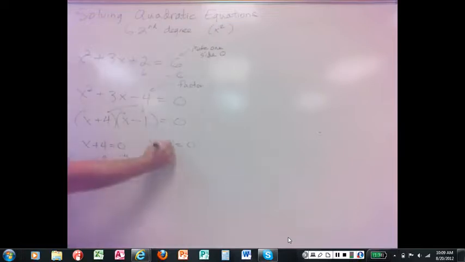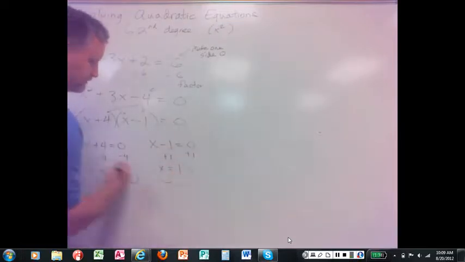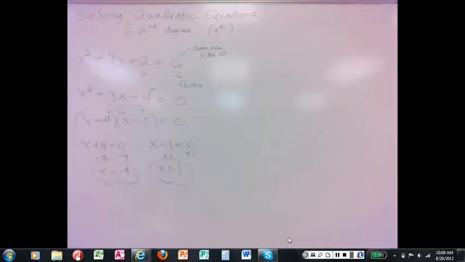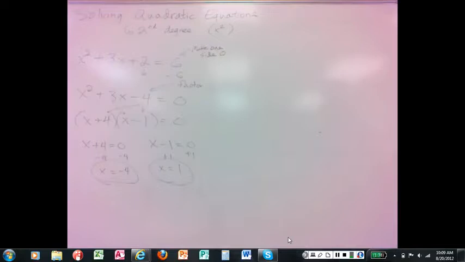And add 1 both sides on the second one, so x is positive 1. Two answers. Quadratics, that's usually what you need, two answers. With me on that little one right there? Okay? All right. A couple more there. So that's the first method to solving, call it the factoring method.